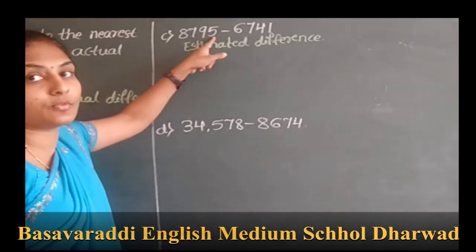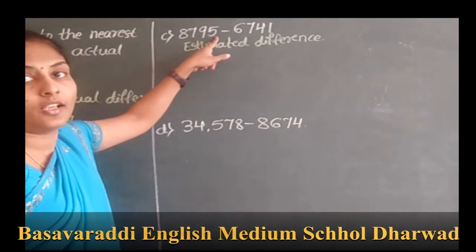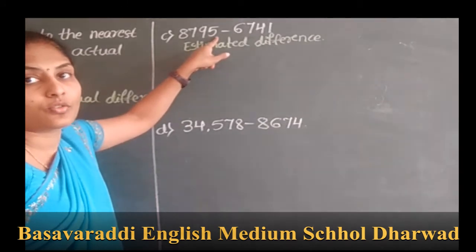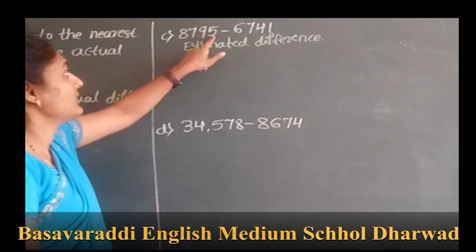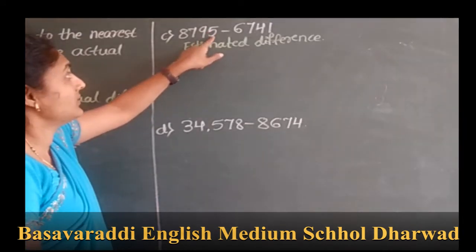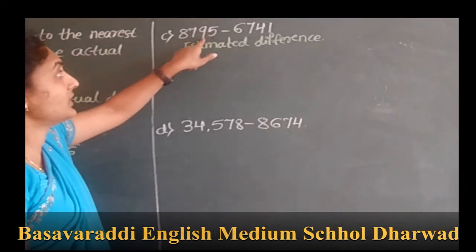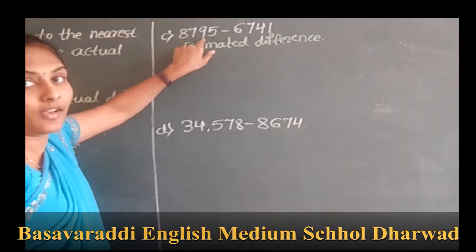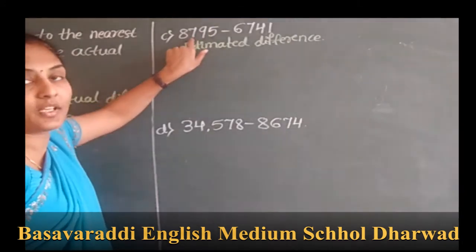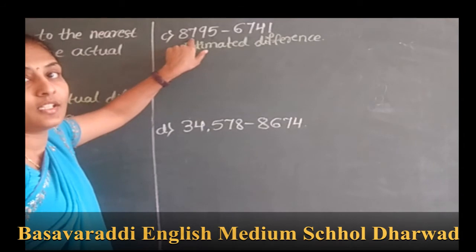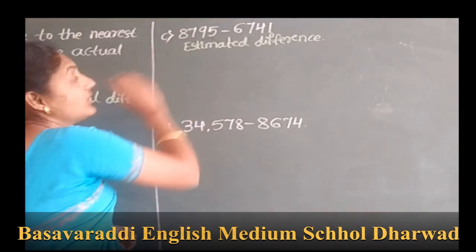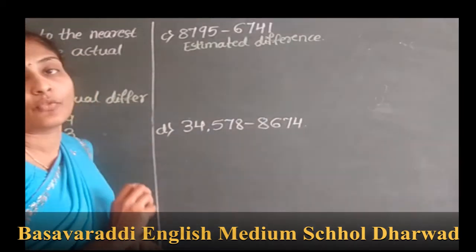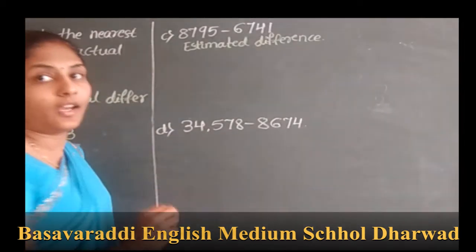Beside that, the 5. The digit 5 is equal to 5, so it is rounded up. The 9 becomes 10, so the 7 becomes 8. That means the estimate of 8795 is 8800.